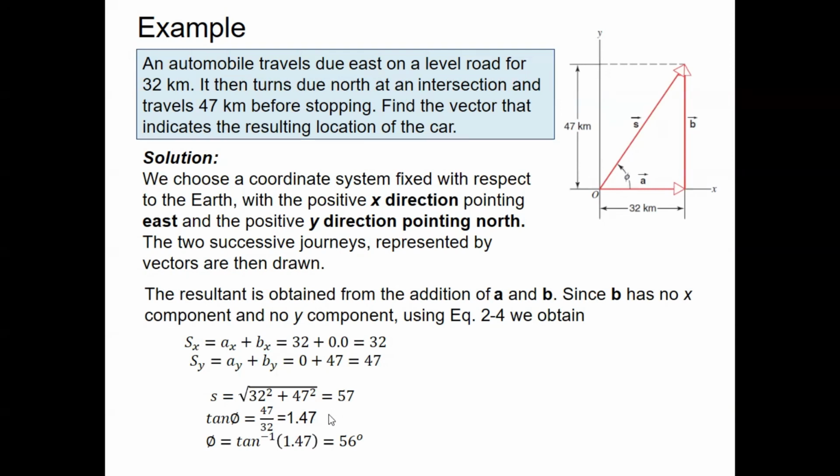Once we have 1.47, then we take the inverse tangent of this value. So the tangent inverse of 1.47 is 56 degrees. And that's how we have solved the problem of getting this vector S. It has a magnitude of 57 and a direction of 56 degrees when measured from the east.